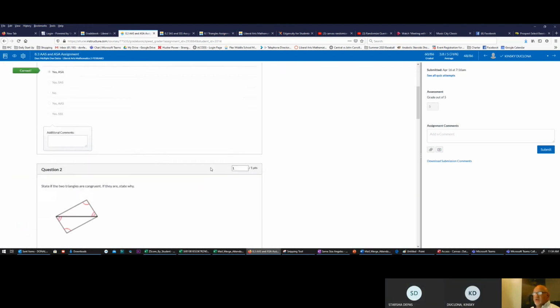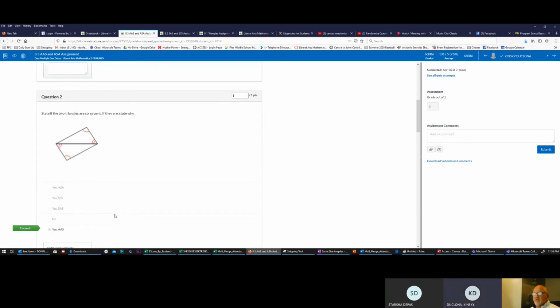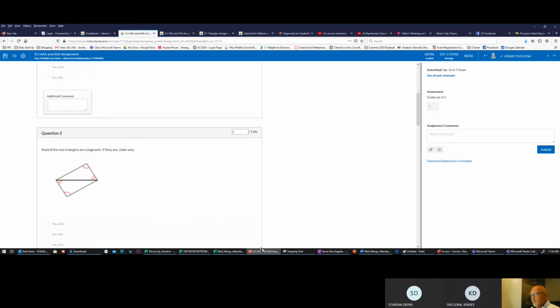Now, let's look here. What parts of these are congruent? The top angles, the ones on the left and the right, and then the shared side.